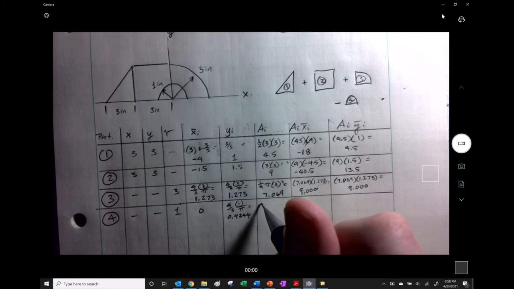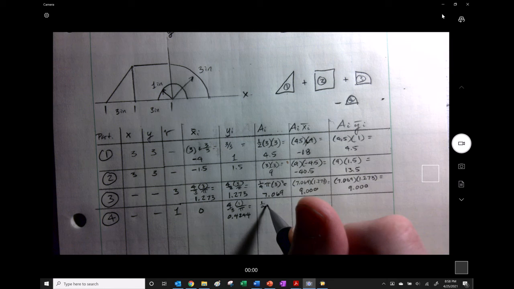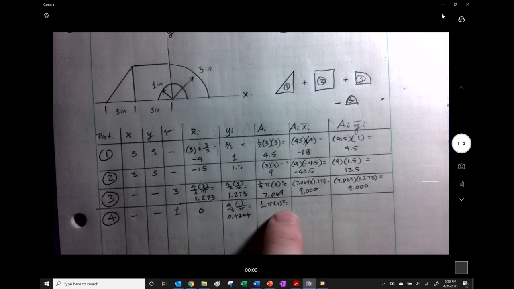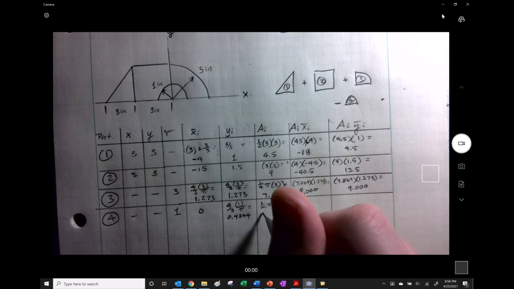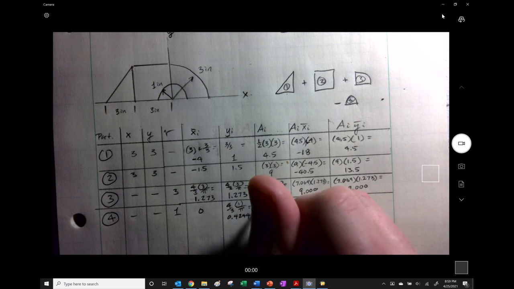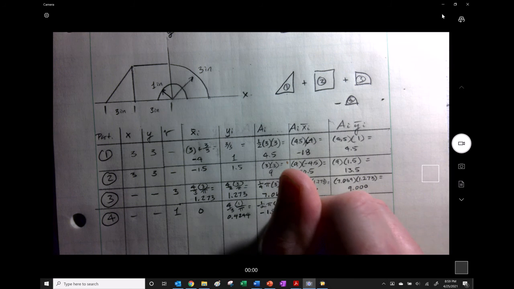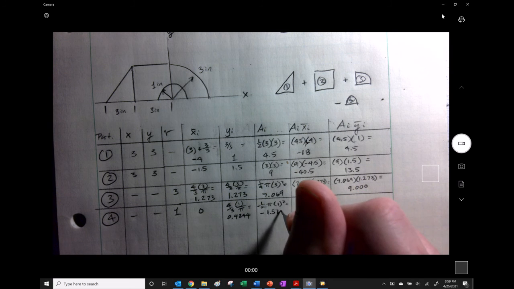And this is going to be 1/2 pi r squared, or 1/2 pi. Oh, and then it's going to be negative 1.571.